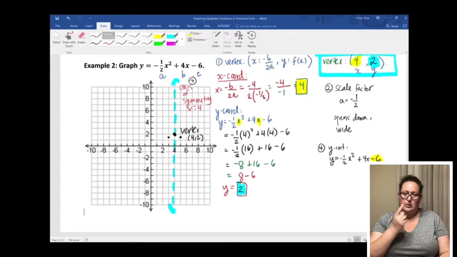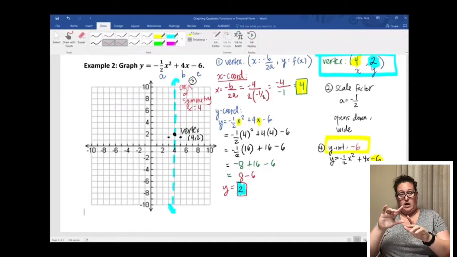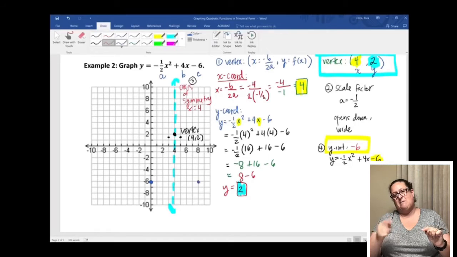It's always c. Now we're going to plot our y-intercept at -6, and our y-intercept is 4 units away from the axis of symmetry, which means that its reflection will also be 4 units away at 8, -6.